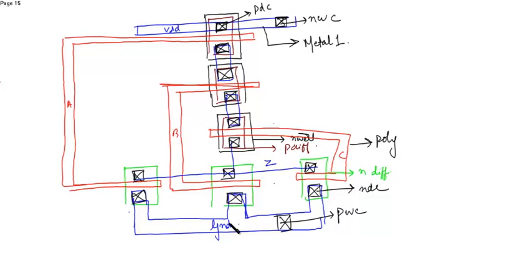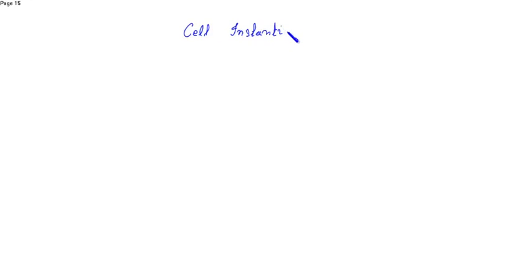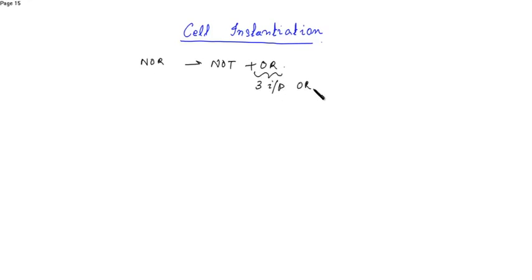It doesn't look good over here, but if you draw the layout that is shown in the next lecture, you can see exactly how to draw it in Magic. That is, you can use the previous cells for drawing a NOR gate. You need NOT and OR gate. So this should be a 3 input OR gate.